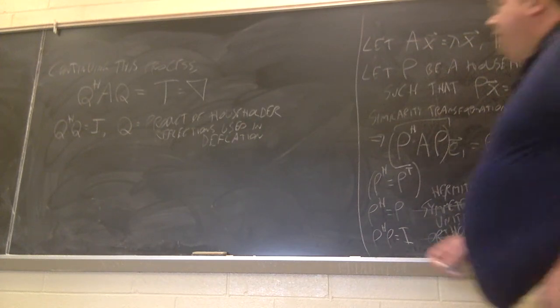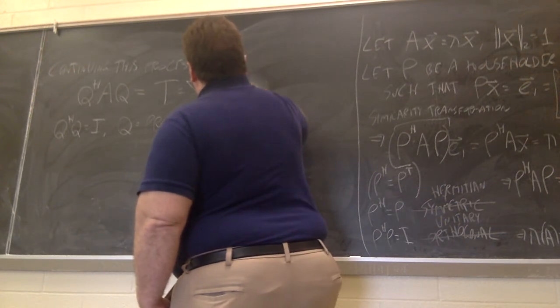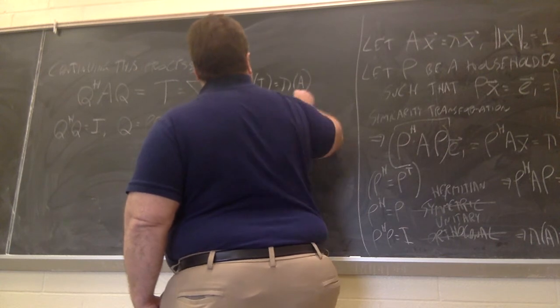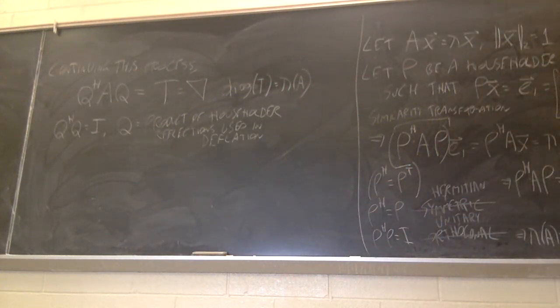Furthermore, the diagonal entries of T hold the eigenvalues of A. So any square matrix we can carry this out with.